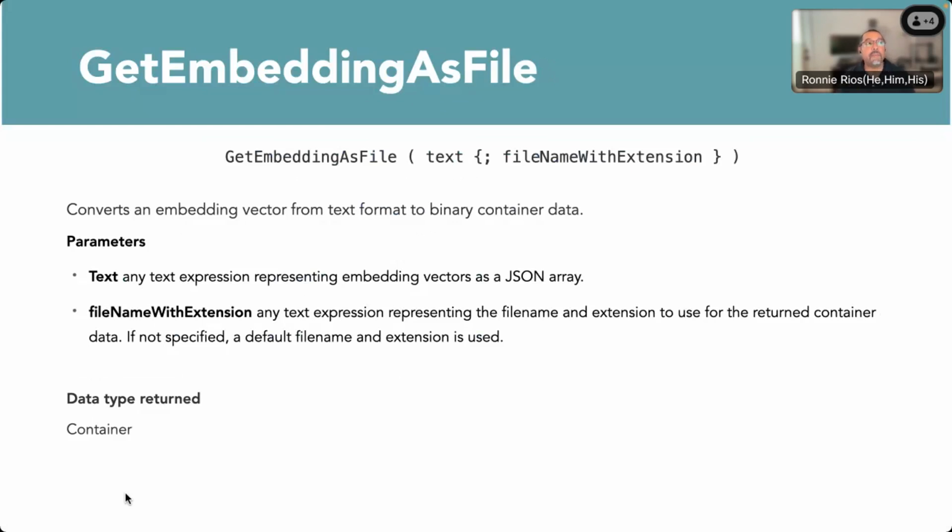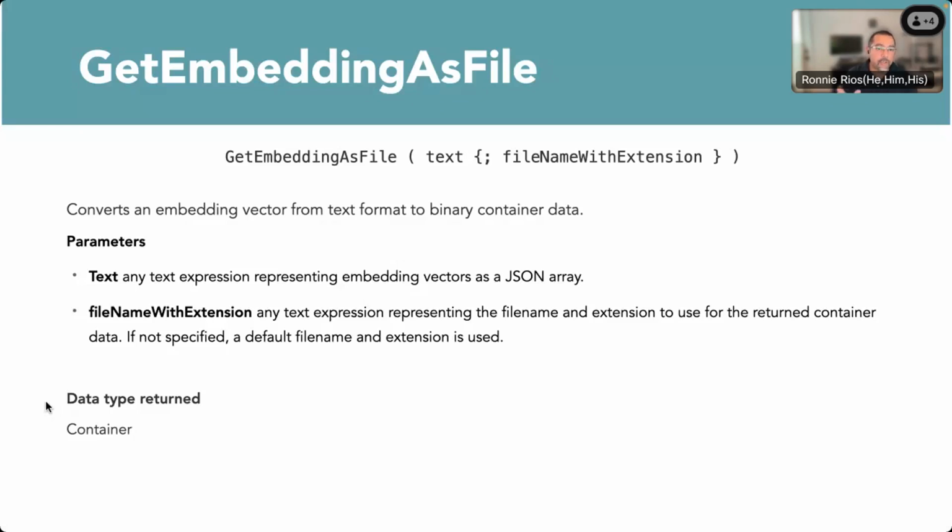And so you might find yourself in a situation where you need to convert it from one format to the other. It's possible that maybe you've got embeddings already from some other API and they're in text format, a JSON array, and you want to convert them into the binary format that's better suited for FileMaker, or vice versa. And so these functions allow you to make that conversion. So they're very helpful, again, for maybe exporting vectors for outside use of FileMaker, or importing right into FileMaker. So they're very useful and very straightforward to use.